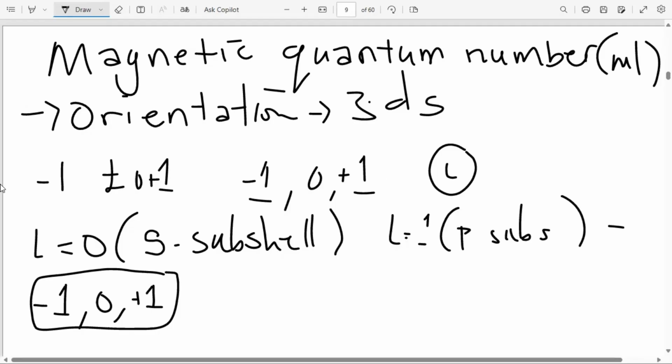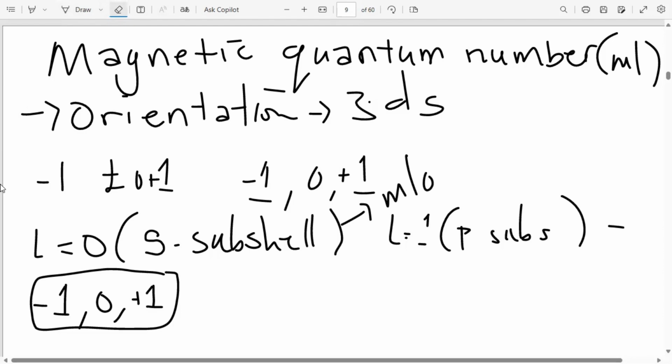Even for the s orbital, which we said can only accommodate 2 electrons, ML is equal to 0. And what is this indicating? It is indicating that there is only one orbital in the S subshell, whilst in the P subshell we have ML equal to -1, 0, or +1, indicating that we have 3 orbitals in the P subshell.